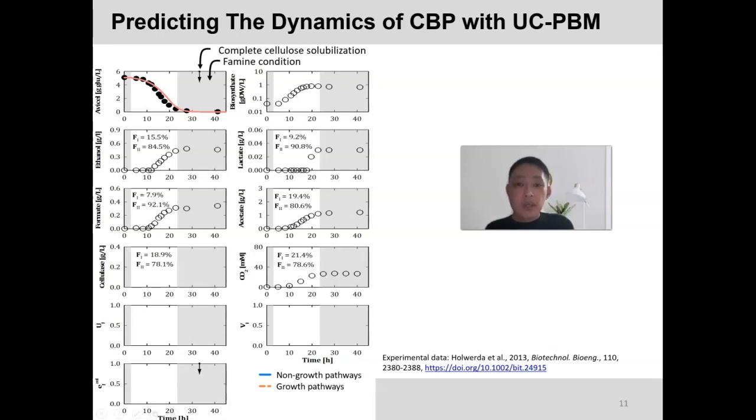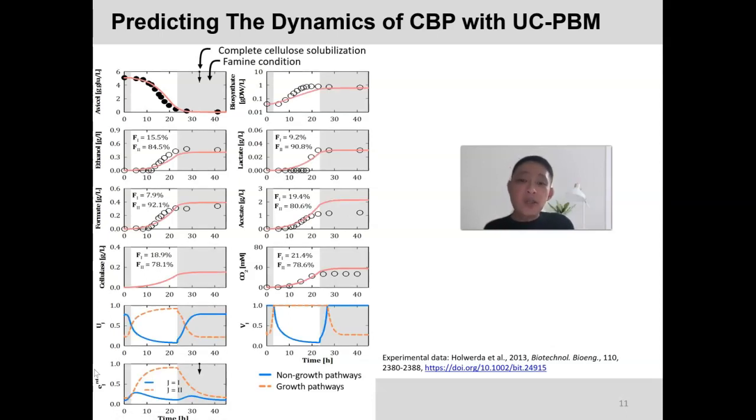We have all these metabolites here, or the external enzymes that we intend to excrete, and just by fitting the data against the cellulose data itself, the model is able to predict all the other metabolites really, really well. And this actually showed us the promising usage of the UC-PBM framework to study consolidated bioprocessing of cellulose.